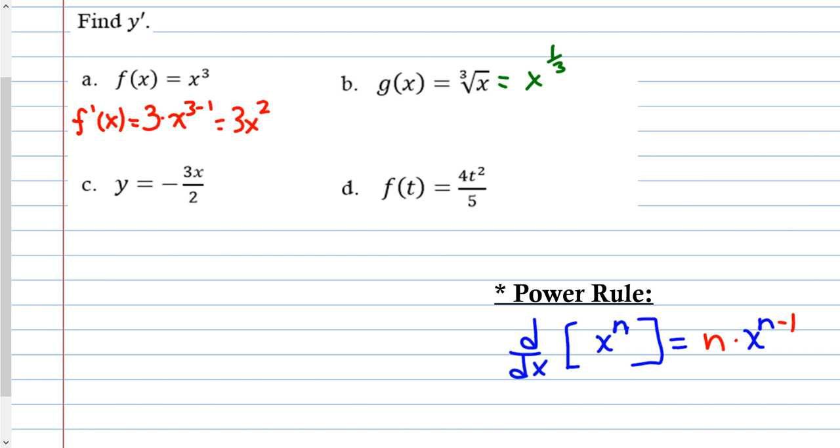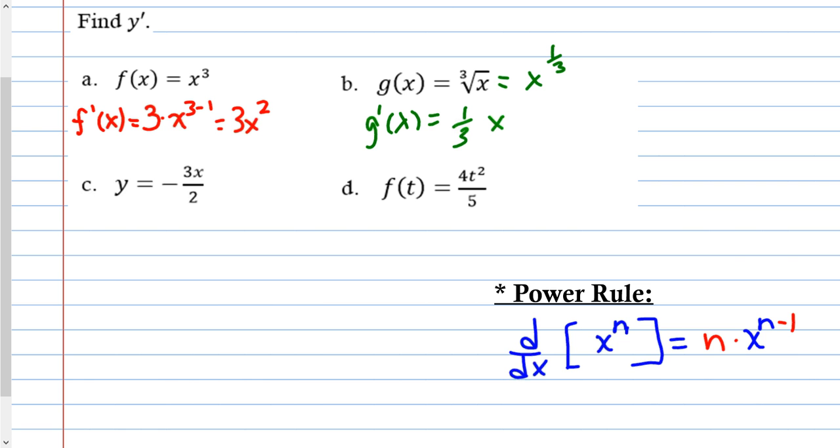Okay, so now that I actually have a power to work with, I'm going to go ahead and derive this. So g prime of x equals, so I have x to the 1/3, and I'm going to multiply by 1/3, and then x, and then my 1/3, I'm going to subtract. Now, it's a fraction.